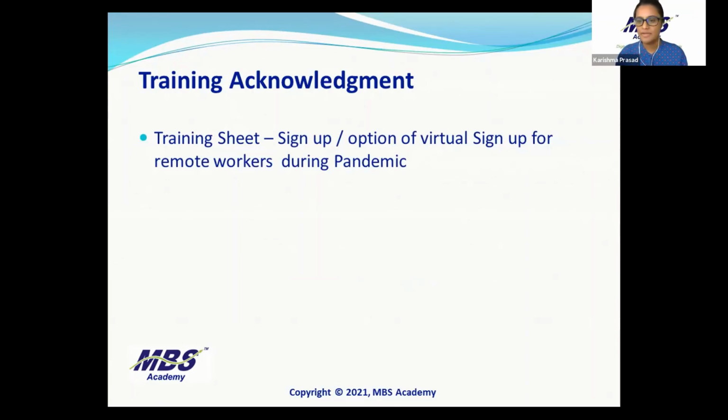And every time a user trains on that or goes through it, they should be able to sign it off as evidence that they have understood and they know the details of that SOP. Nowadays, because we are so virtual, these SOPs can be put up in a common drive on the company's platform, where users have the ability to go and access and then virtually sign off the documents as well.